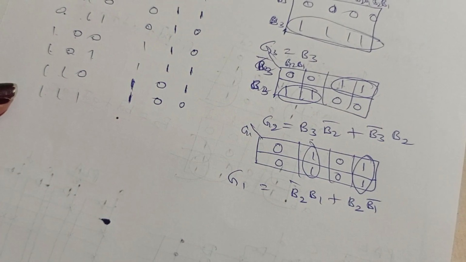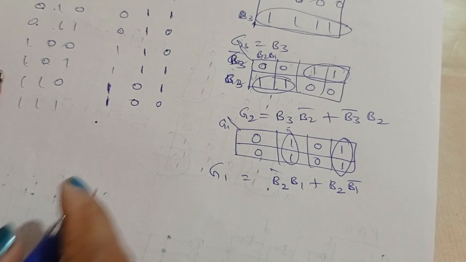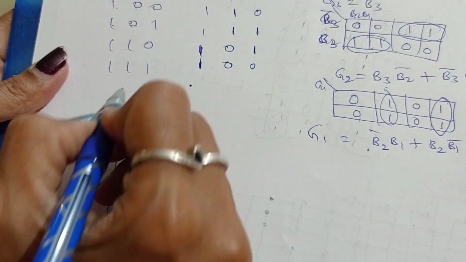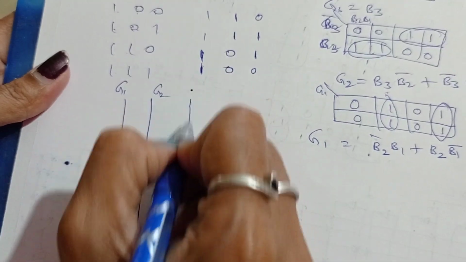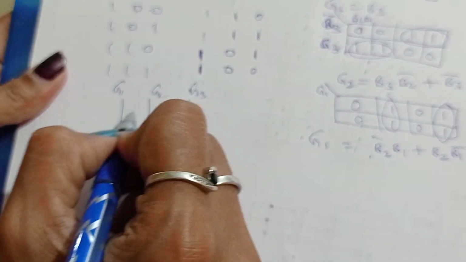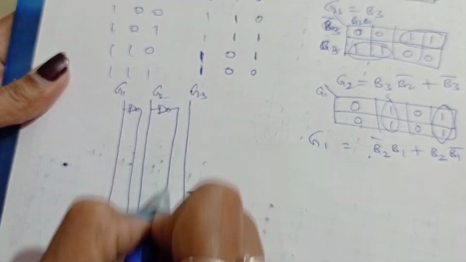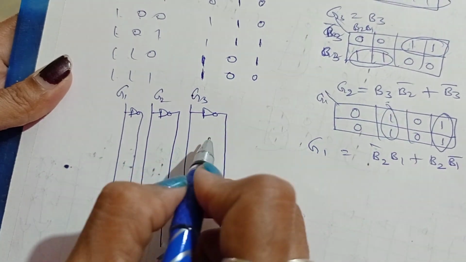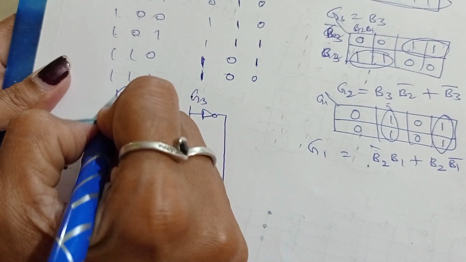For this now, construct the design. That is G1, G2, G3. Inverted inputs. For G3, that is B1, B2, B3.